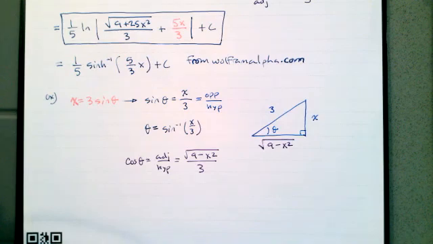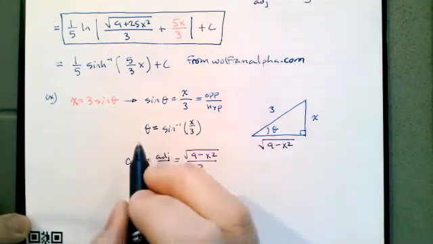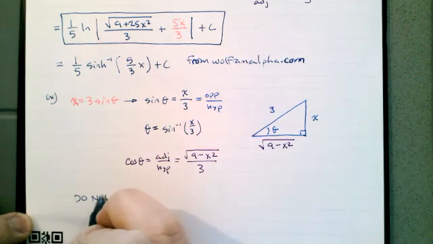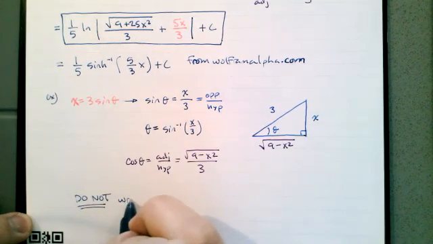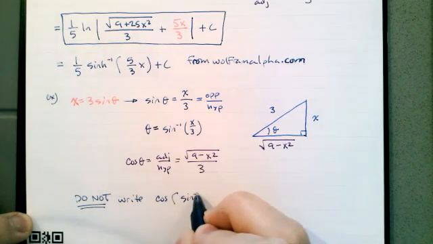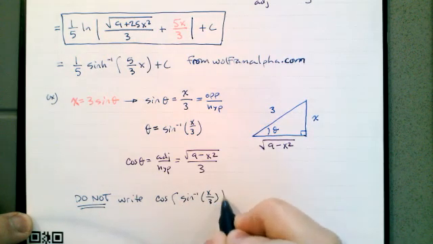That's trash. Don't be lazy. Don't write it that way. So absolutely, once you get theta, at least in my presence, do not write cosine of sine inverse of x over 3.